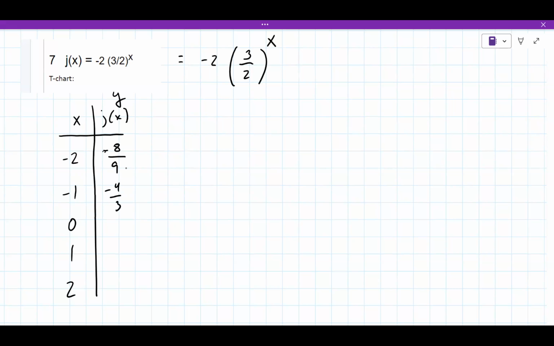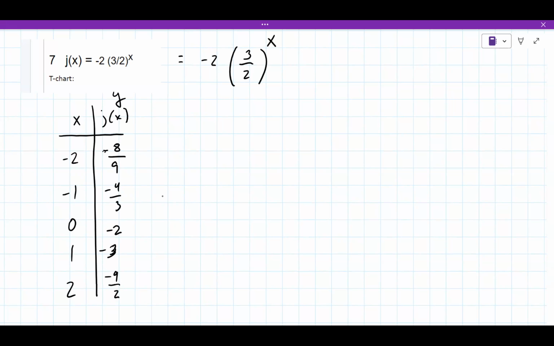Okay, -2 for 0. Okay, keep going. Doing great. -3 for 1. Okay, and for 2, -9/2. All right, awesome. Okay, so a little bit tougher because there are fractions.